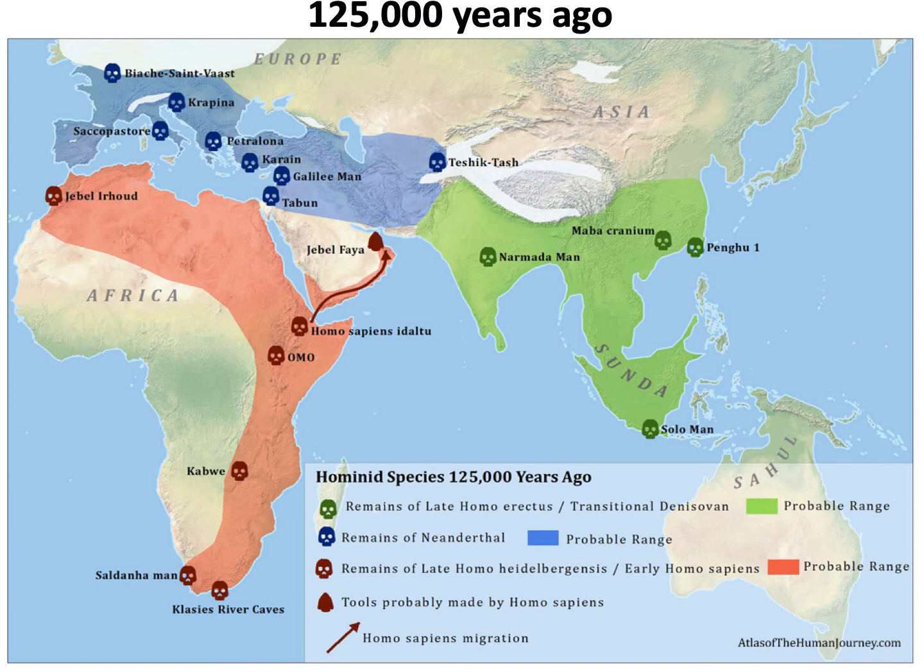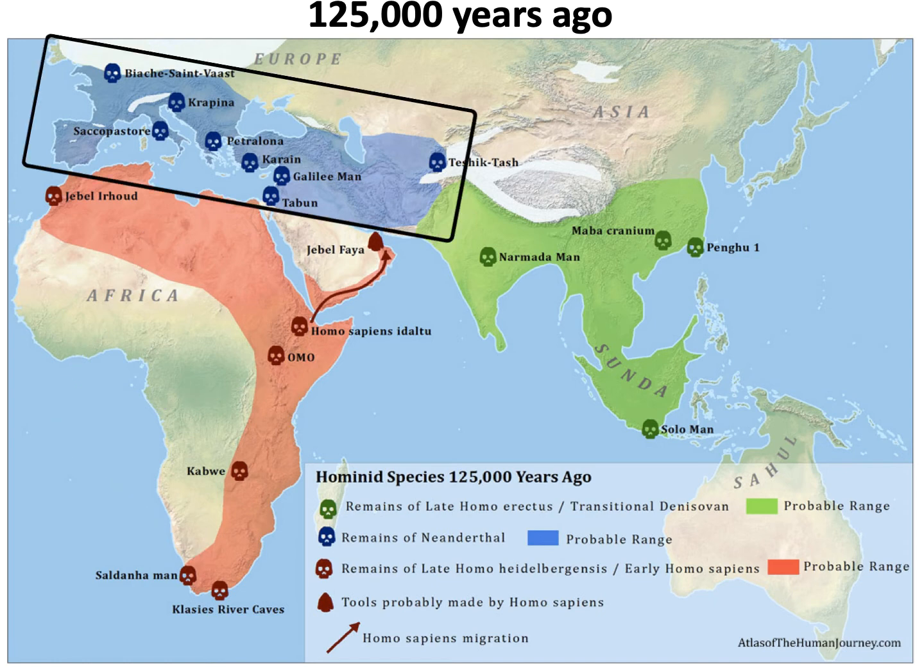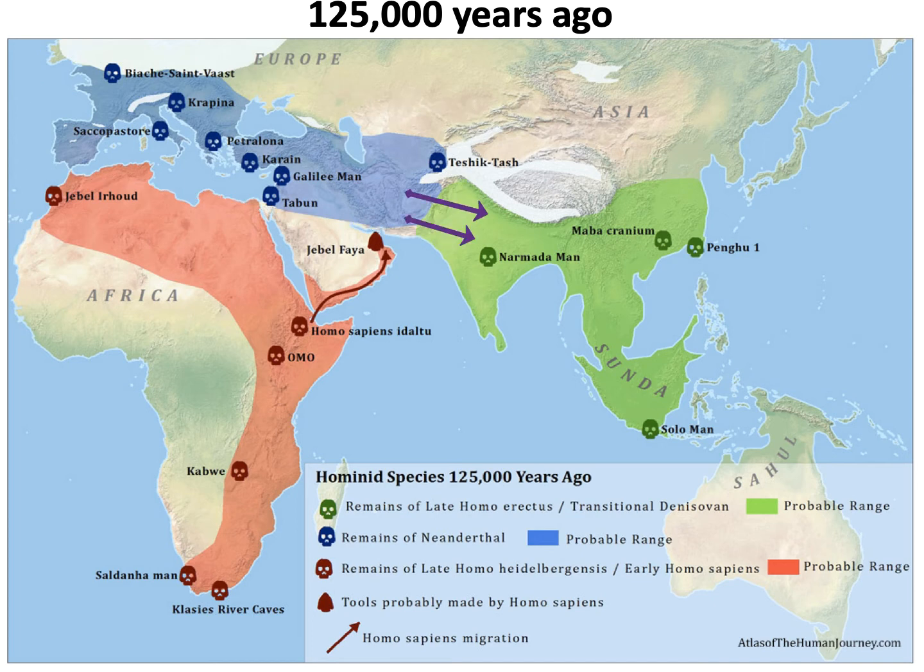So by 125,000 years ago, there was a large range here in eastern and northern Africa of the late heidelbergensis species, as well as early Homo sapiens, and Neanderthals had expanded throughout Europe and parts of Asia, and they kind of pushed Homo erectus out into Asia, especially Eastern Asia, and Indonesia as well.